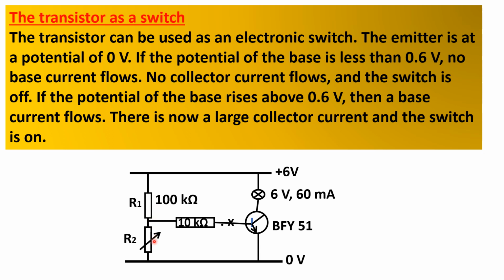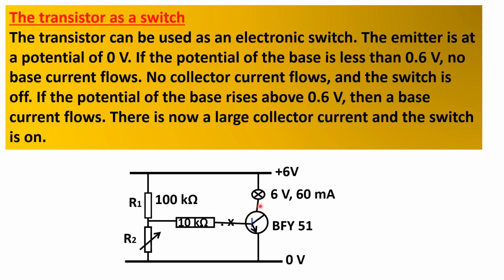There will now be a certain amount of resistance R2 that will produce a substantial amount of base current along point X. That means the current is now able to pass through, and just a small amount of base current is enough to cause a bigger collector current, which is the output.